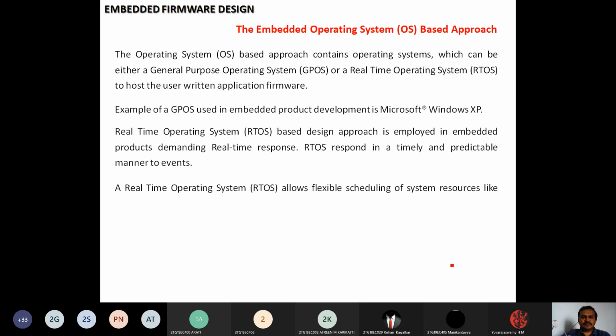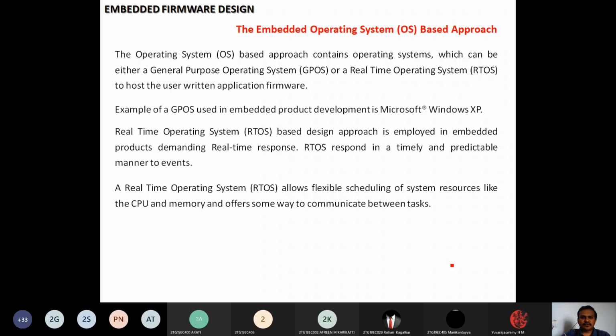Because the RTOS allows flexible scheduling. Obviously, you are going to have more discussion about these concepts in the next module. Once again, let me have an introduction of this RTOS in module number 4. It is going to allow flexible scheduling of system resources. In scheduling also, there are so many concepts.